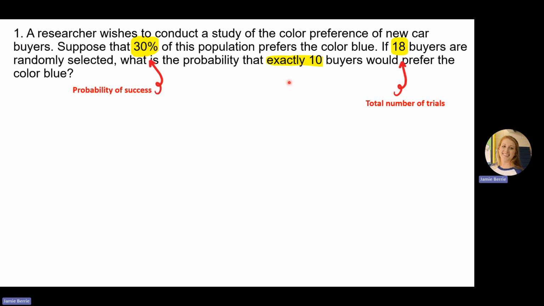There's no gray area. It's a yes or no question. And then we're looking for the number of successes within that predetermined number of trials. We're looking for the probability that exactly 10 of our buyers prefer the color blue.